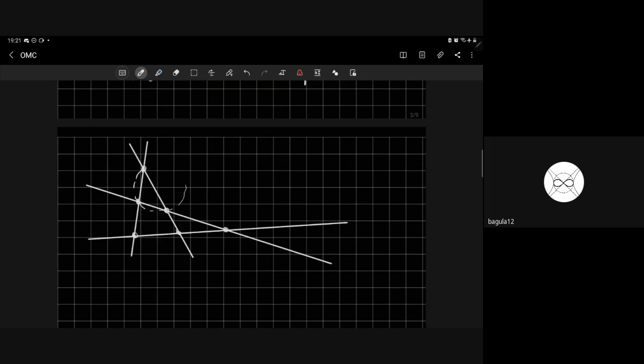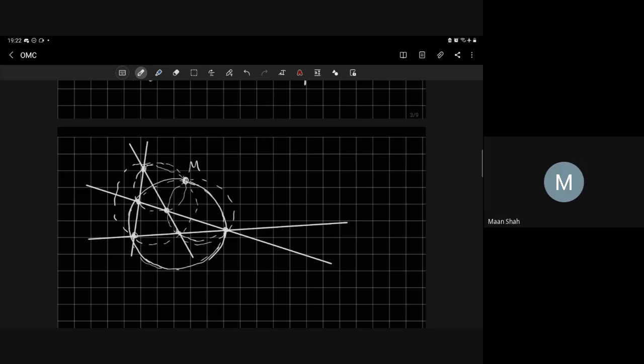So that is this circle, this one, this one, and this one. And they all concur at a point, and this thing is called the Miquel point of these 4 lines.